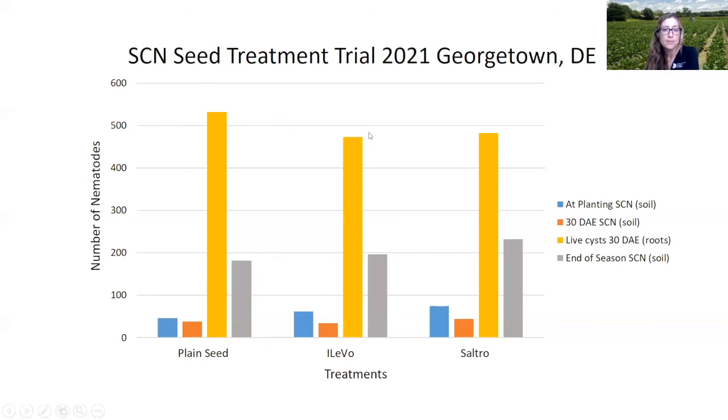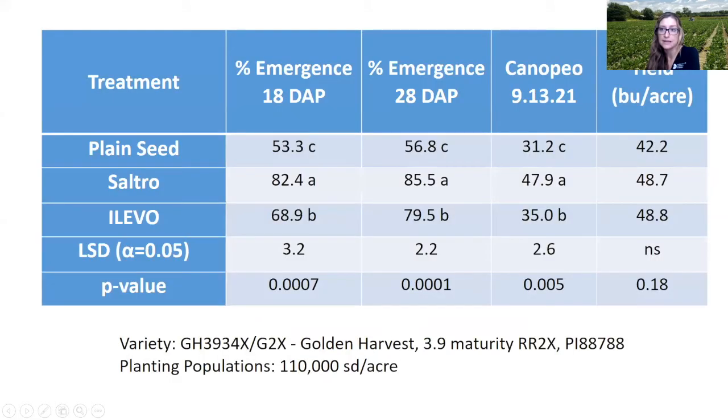And so this number is trying to capture that early season activity. By the end of the season, we've had multiple life cycles, so it becomes a little harder sometimes to capture that activity. We did see some numerical dropping in the Olivo and Saltro numbers compared to that plain seed, but it wasn't quite consistent enough to split out significantly.